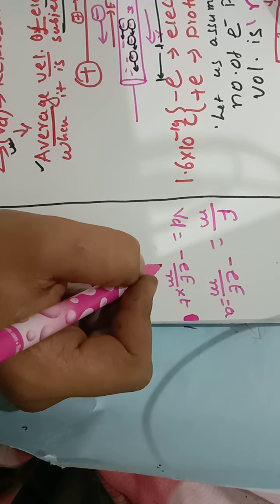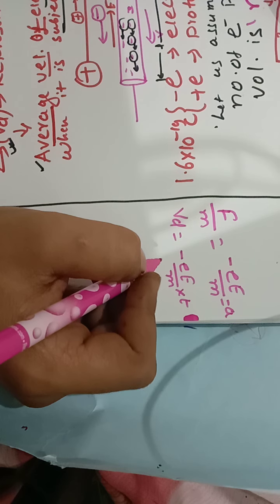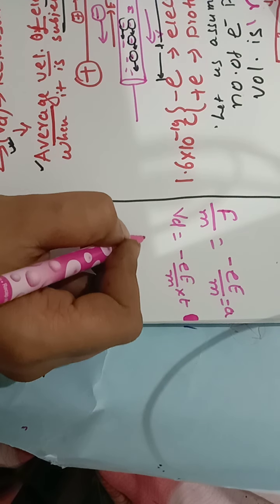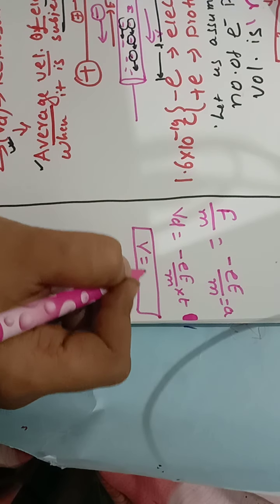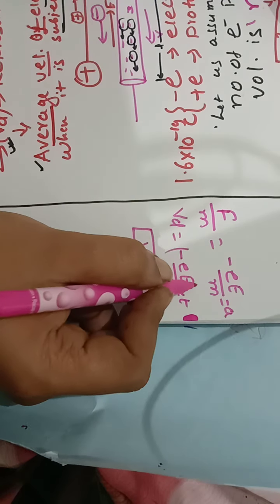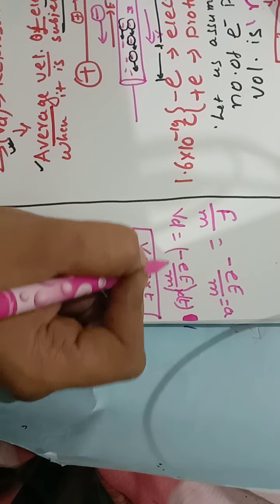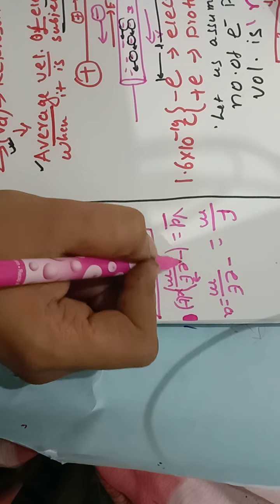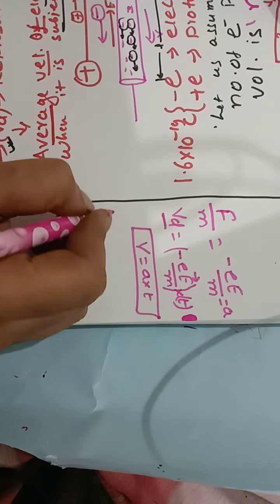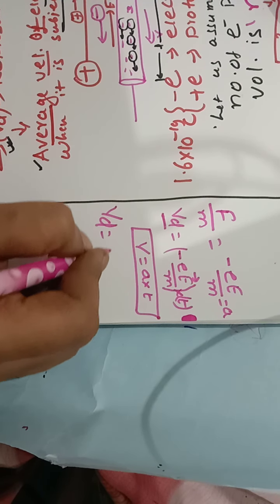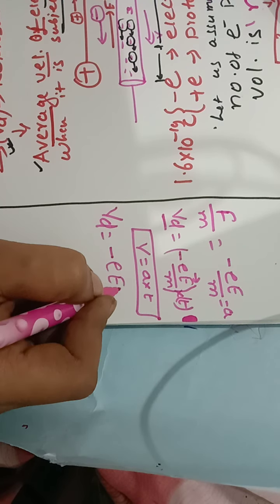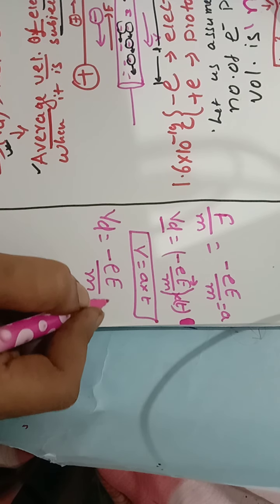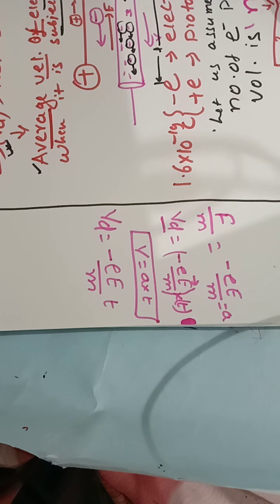Have I written anything wrong? No, I don't think so, because we know velocity is acceleration into time. So this is acceleration into time, and this is the drift velocity. What does this negative sign represent?